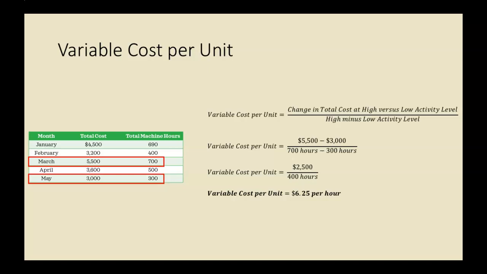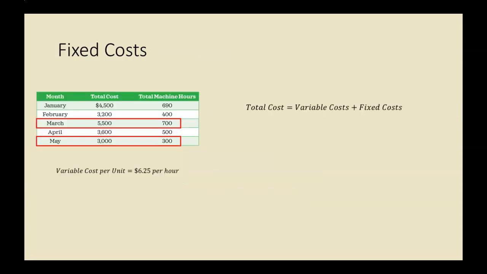Now we can use that information to help us figure out our fixed costs, right? Because our total cost would be our variable plus our fixed. So if we just take a look at March, our total cost was $5,500. Our variable cost would be the number of machine hours, our 700, multiplied by our $6.25.